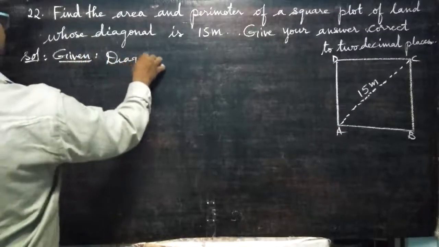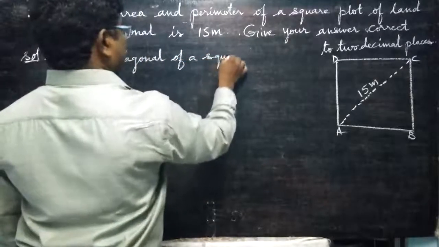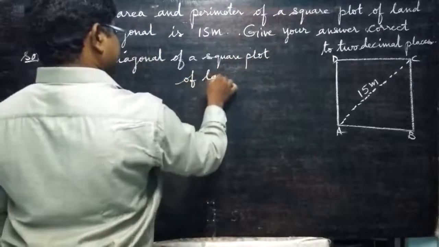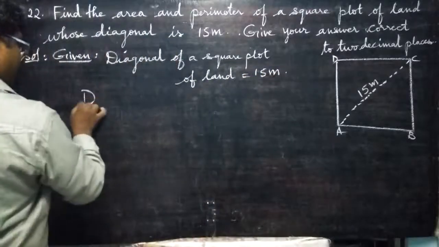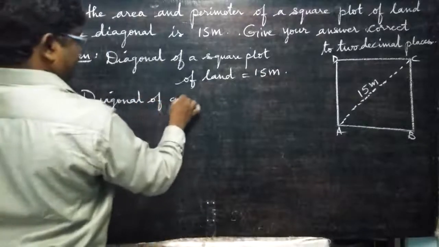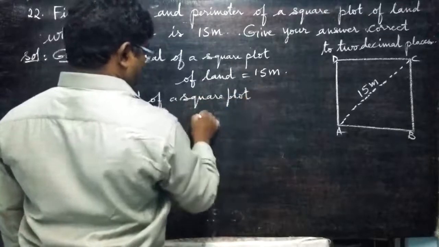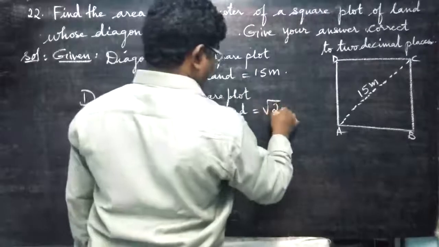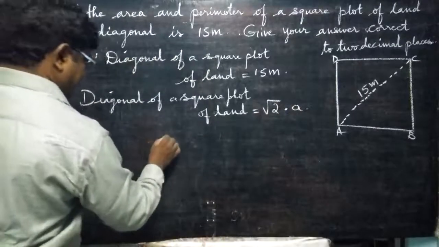Diagonal of a square plot of land is equal to 15 meters. We know the formula: diagonal of a square plot of land is equal to root 2 into A. Now both are diagonals, we are comparing.